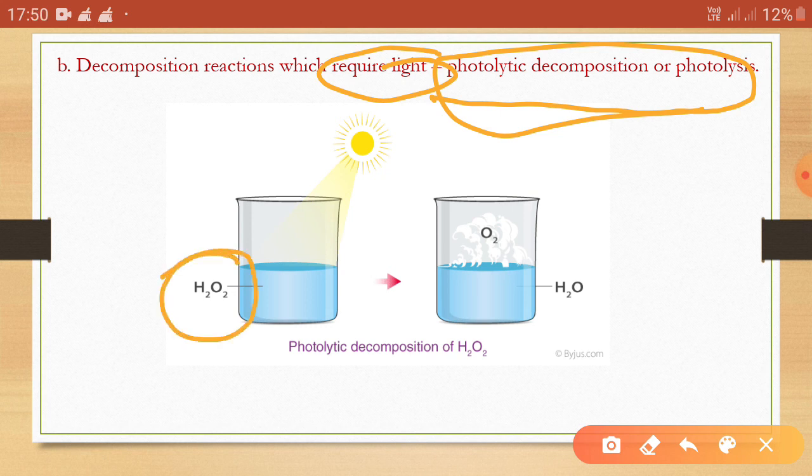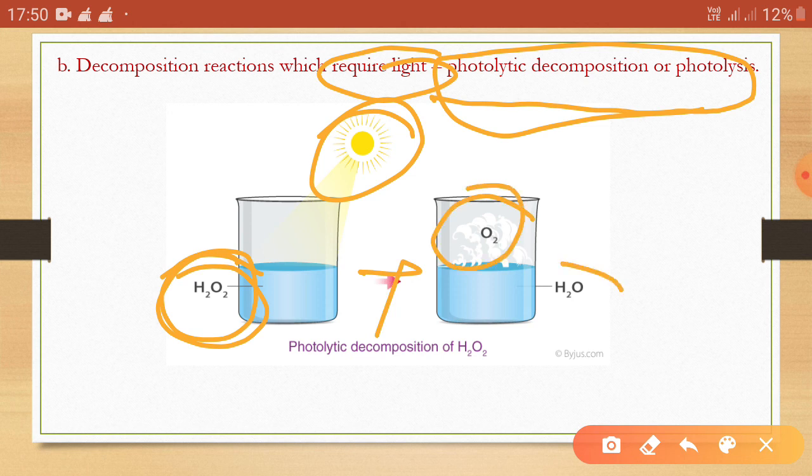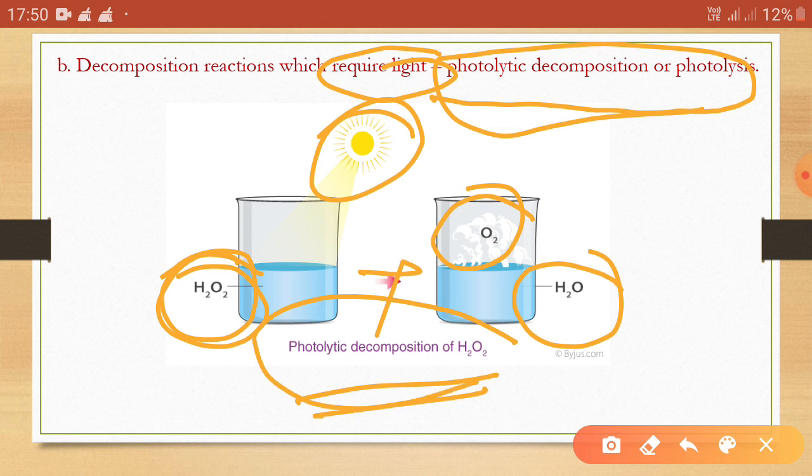Here it is H2O2, that is hydrogen peroxide. In the presence of sunlight, hydrogen peroxide breaks into oxygen and water. This decomposition is known as the photolytic decomposition of H2O2, or hydrogen peroxide. So this reaction is known as photolysis.